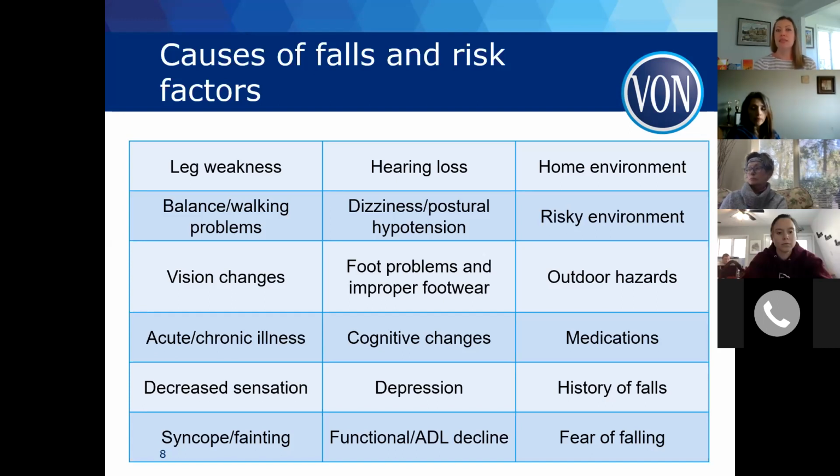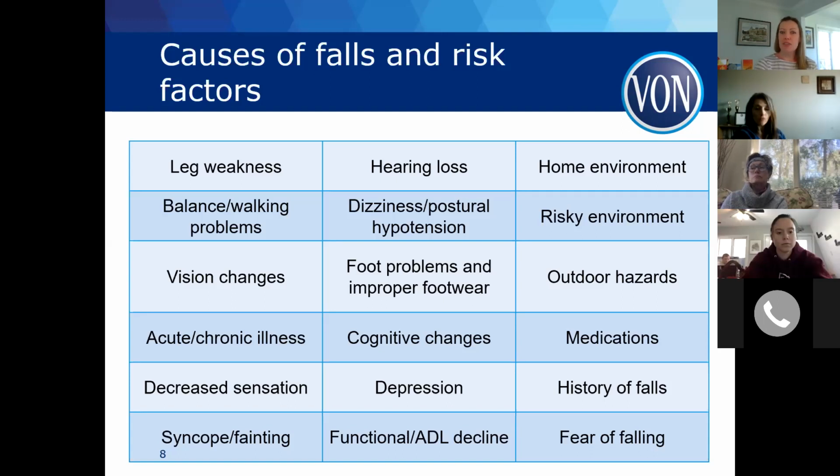It's an organ filled with fluid that, when your body moves a certain way, like forward and back and side to side, that fluid moves and it signals to your brain which way you're moving. So if for some reason it starts to sense that you're moving this way, your body's going to react and try and keep yourself upright. If there's any changes to that, someone might experience a greater risk of having a fall.